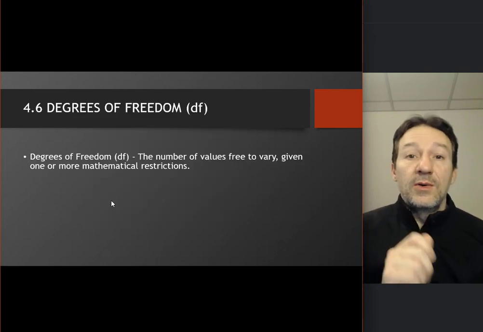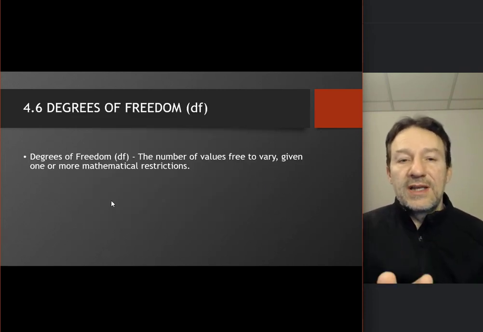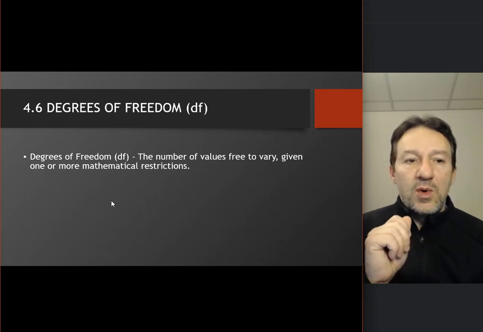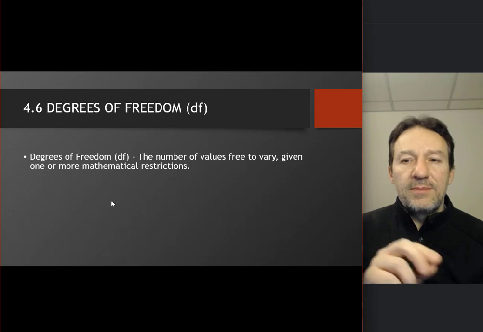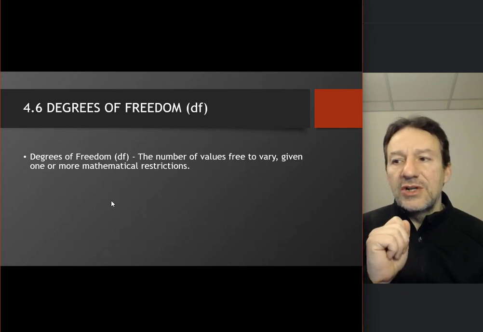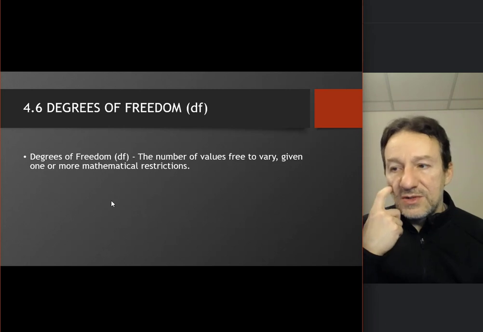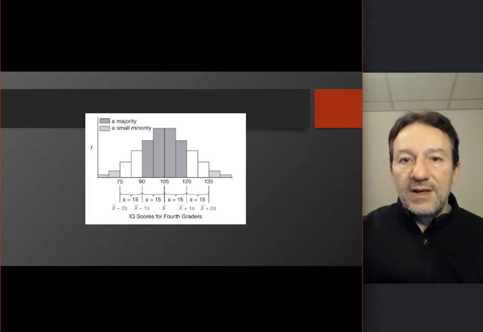We are going to use degrees of freedom in the future. I just wanted to give you the definition here. It is going to relate back to that n minus 1, and when we get to a place where we can actually use this, I'll show you some math that may help you to understand this. But it is the number of values that are free to vary given one or more mathematical restrictions. Just briefly, I'll show you.